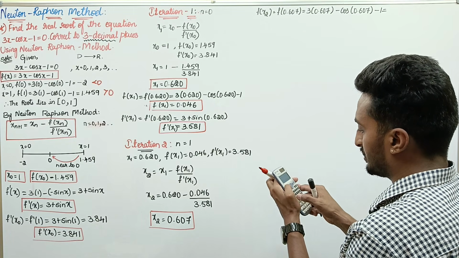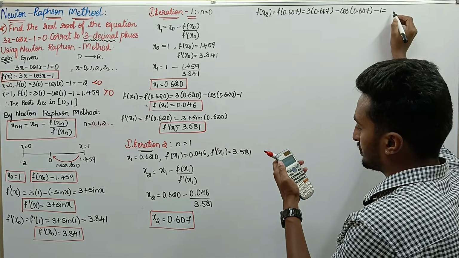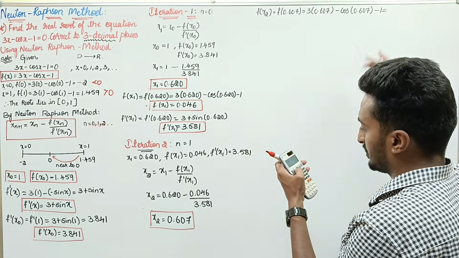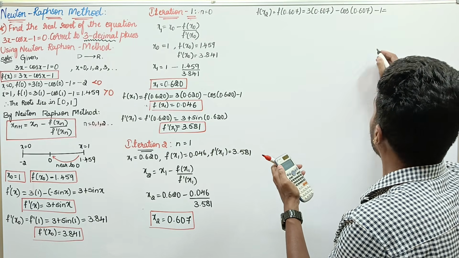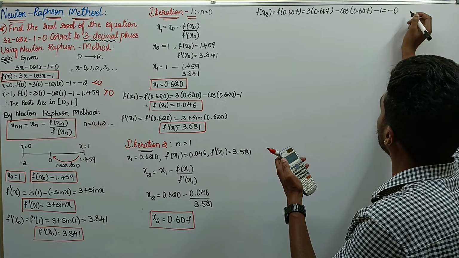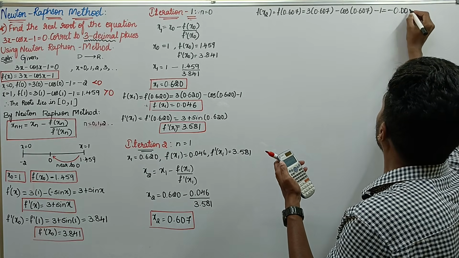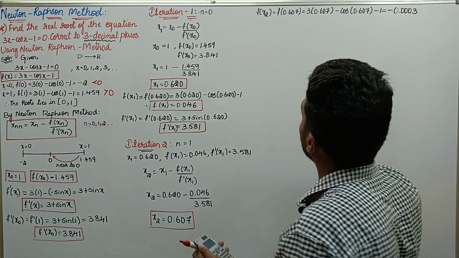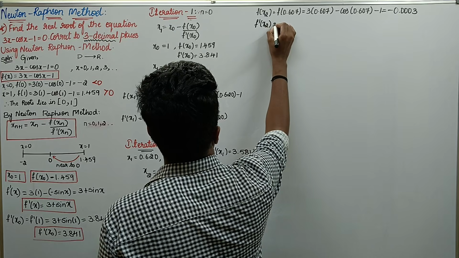Okay, shift eng, shift eng. You get minus 0.0003. Got the point?